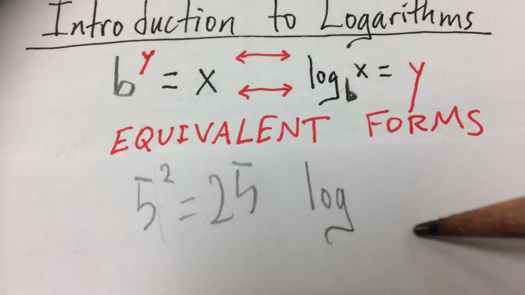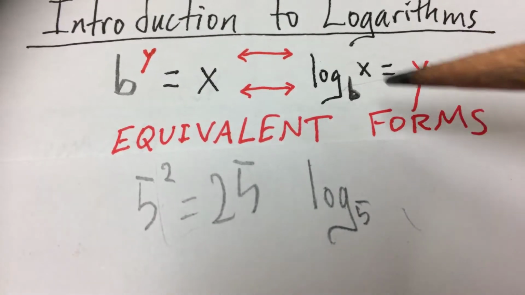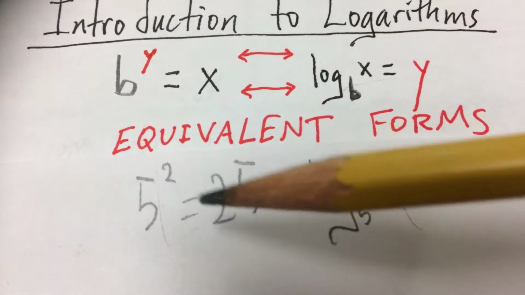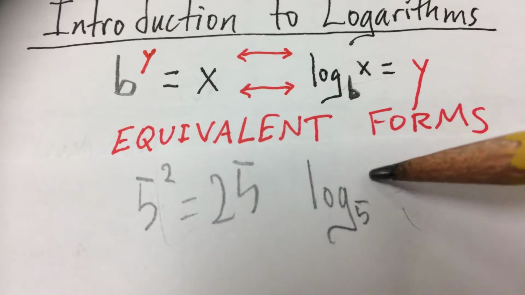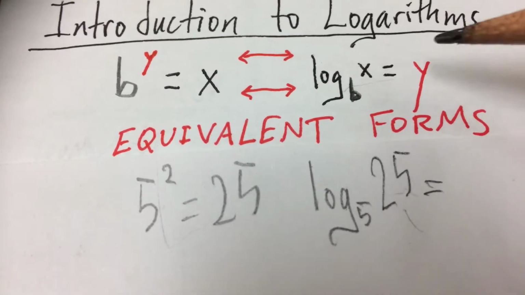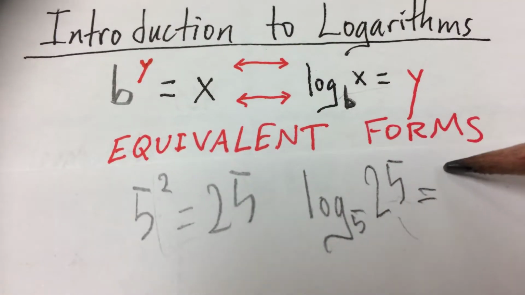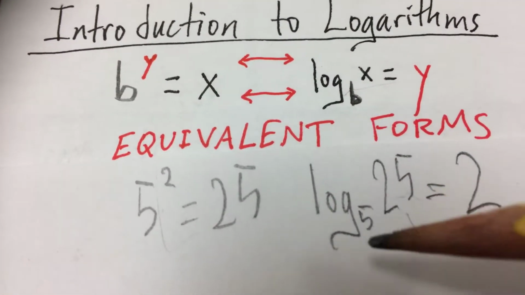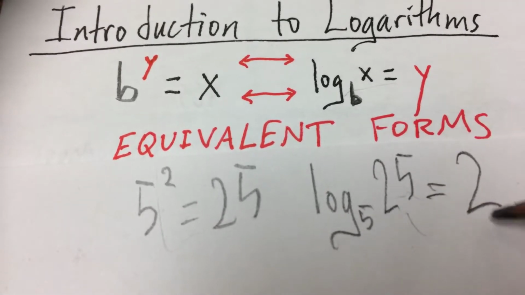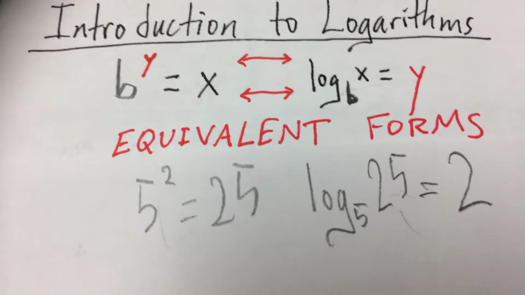It wouldn't be a normal size number like in the exponent, it would be a little subscript, so log base 5 of, then the next number would be your answer number from the exponent, log base 5 of 25 equals, and then the answer to the log is always the exponent. So 2 is the exponent here, so log base 5 of 25 is equal to 2. These are just two equations that mean the same thing.